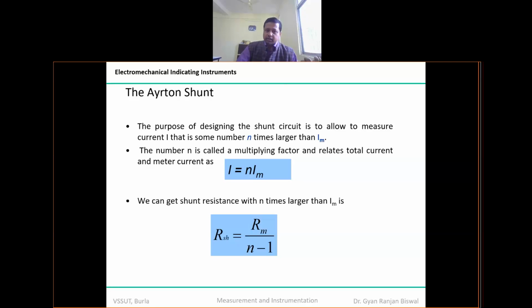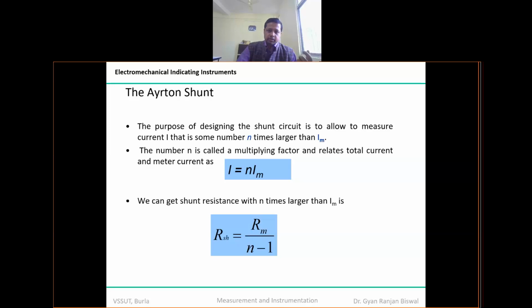If you apply a shunt resistance across that particular meter, because remember you are measuring the current, so resistance is always connected across the ammeter. Out of the I amount of current, I minus Im, let's say that is ISH, the shunt current, which is much larger in magnitude than Im, will bypass through this particular shunt resistance.